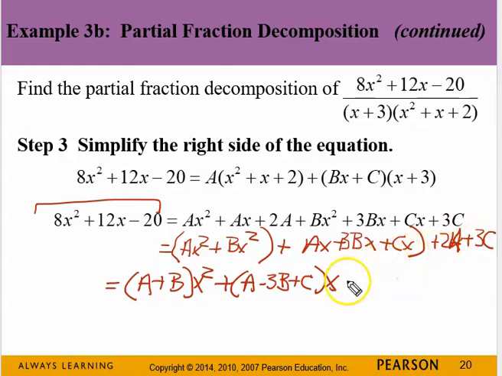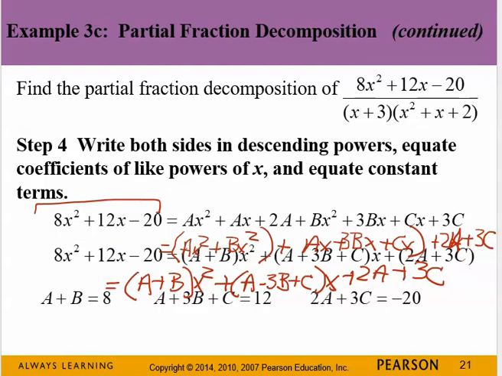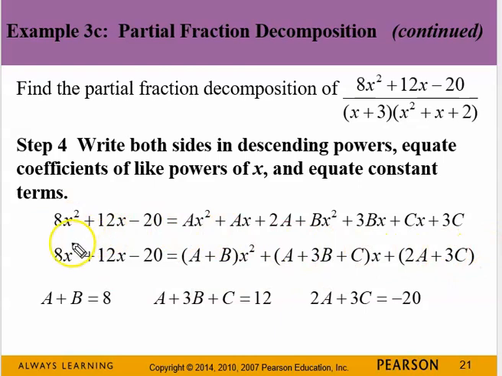Sorry about that. And then this is plus 2a plus 3c. And I can put these in parentheses here. And now let's see what it looks like. So there's my factoring out the x squares, factoring out the x, and then these values, we're just collecting them and putting them in parentheses.